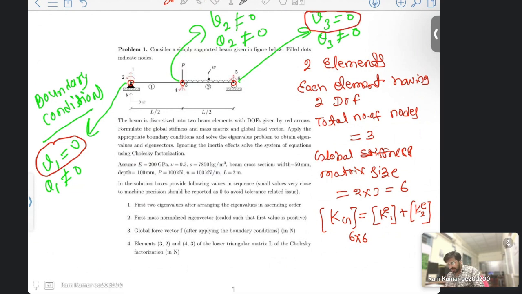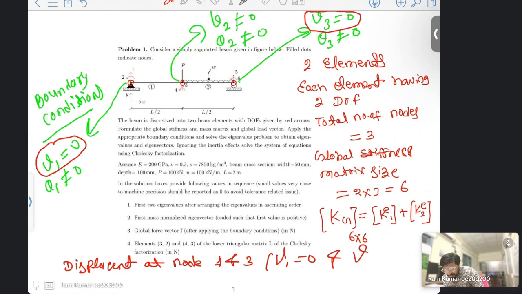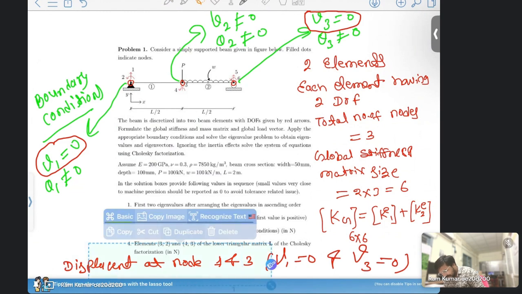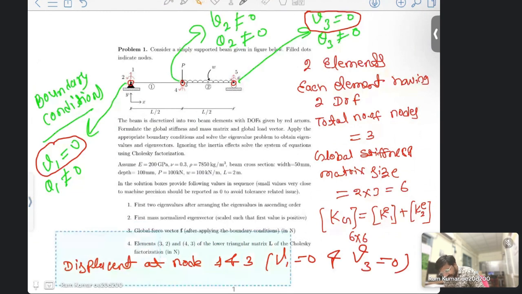Okay, so displacement at node 1 and 3, say b1 and b3, equal to 0. That one we have to remember, and I will just take this one, copy.